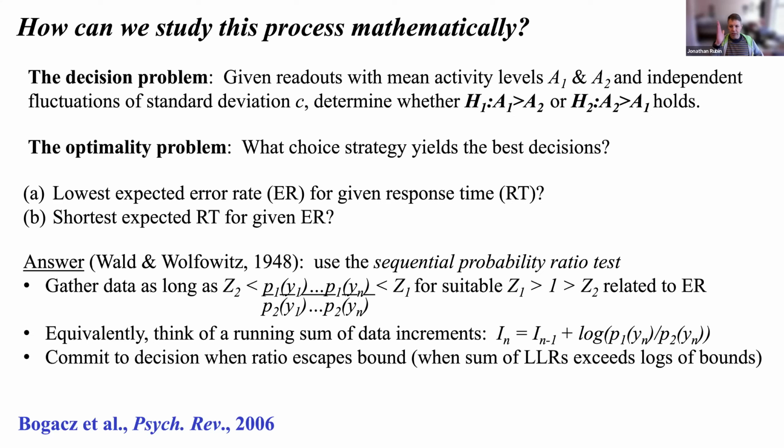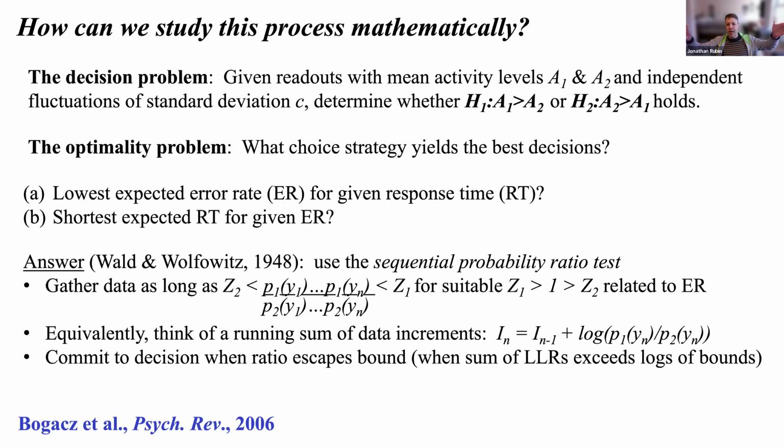Imagine that you're collecting samples, so you're looking at the dot motion for a little while, and based on your first time increment, you determine there's a certain probability in that time increment y1 that, let's say, 1 is left. So there was leftward movement, and another probability that there was rightward movement, so that gives you one ratio. And then you build this product over time.